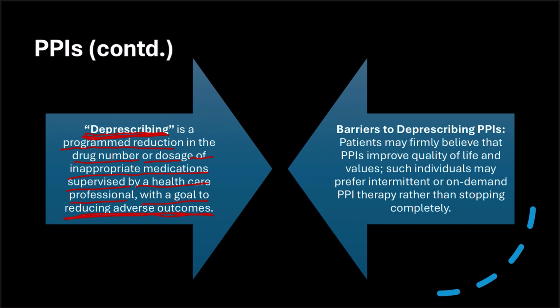But there are several barriers to deprescribing PPIs. That is, patients may firmly believe that proton pump inhibitors improve the quality of their life and values, and such individuals are actually not preferring to quit proton pump inhibitors completely. Rather, they will be on intermittent use or on-demand use of proton pump inhibitors.